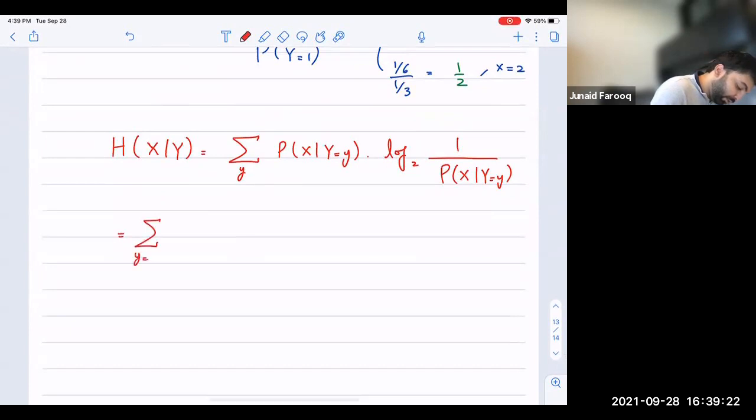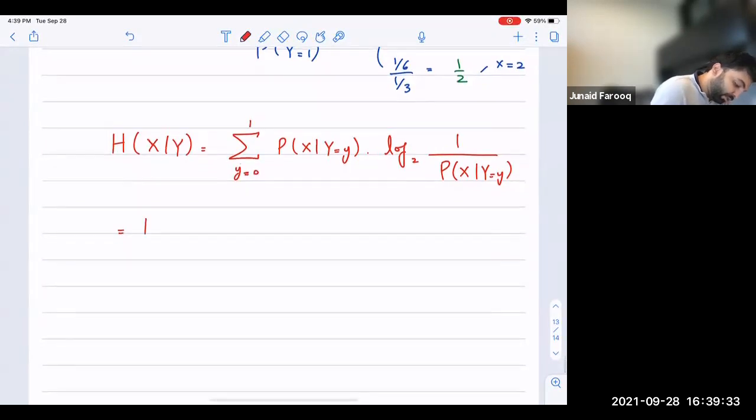So it will be y0, right? So forget about it. We can say y0 to 1, and right here, probability x given y0. Oops, I'm sorry.